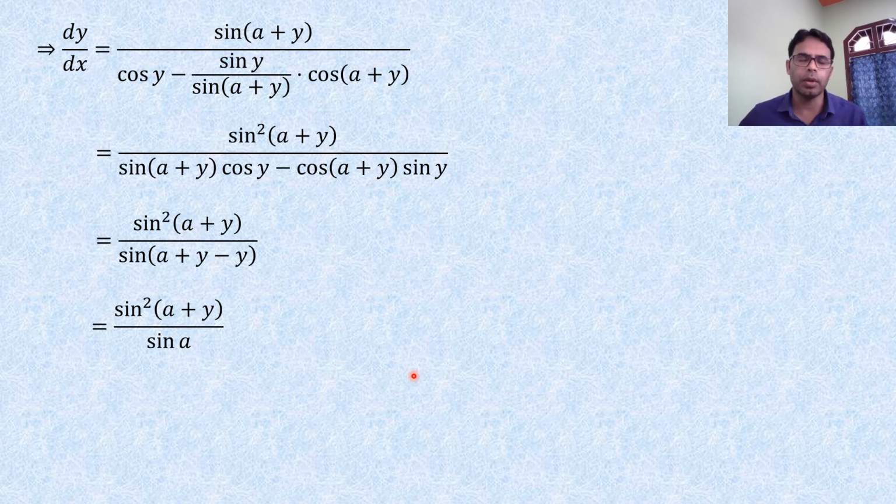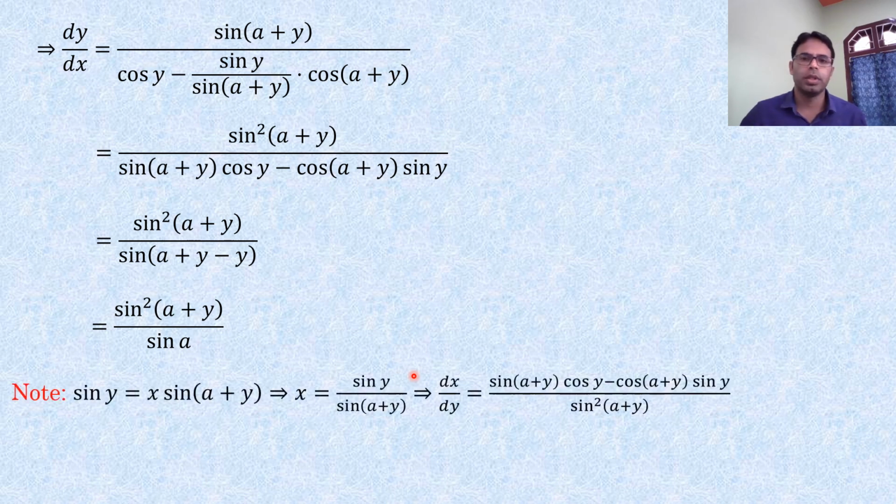But this question can also be solved by another method. This is one alternative method for the solution. I already told you that this function can be expressed as a function of y. You see, x is a function of y, x is equal to sin y divided by sin(a + y).